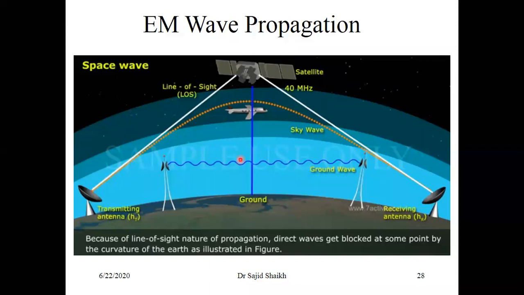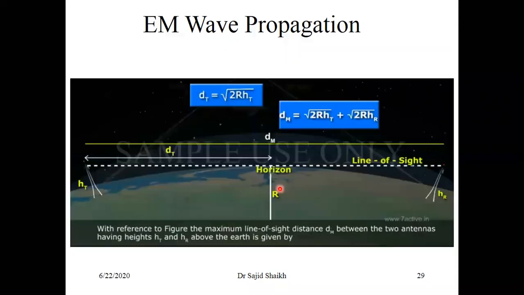So up till now we studied these three things: ground wave propagation, skywave propagation, and space wave propagation. This is the formula to calculate the distance between the transmitter antenna and the receiver antenna. When problems come, we will see this one.